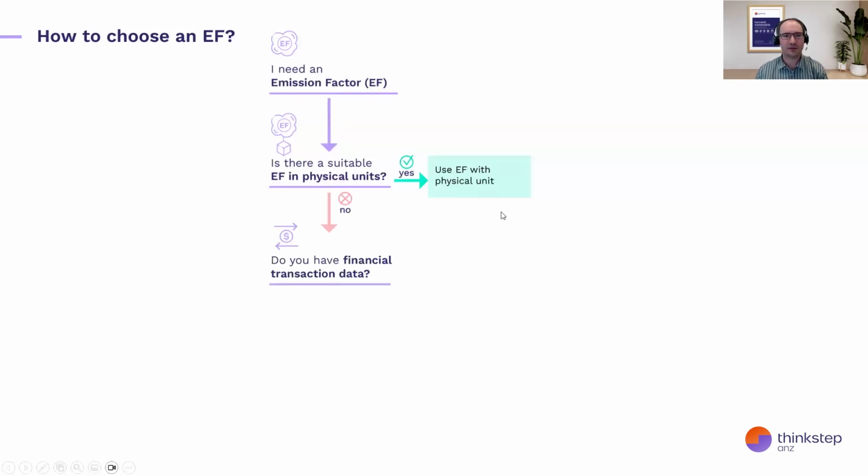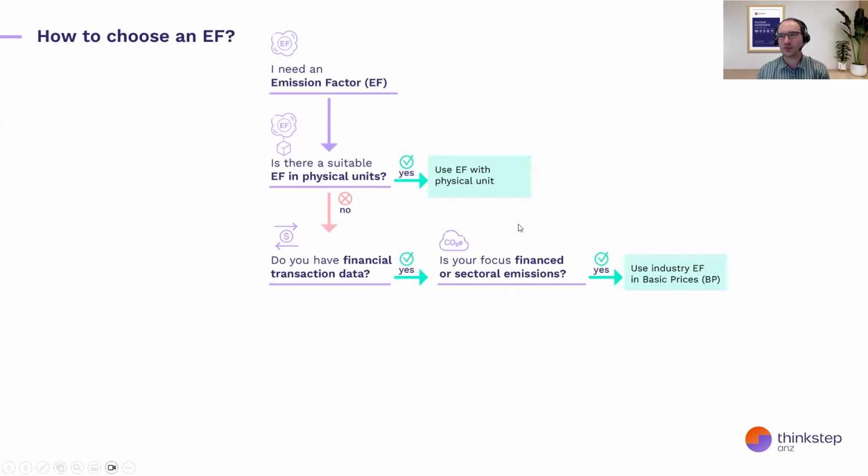If you don't have that, but you do have financial data, what do you do then? If your focus is on financed or sectoral emissions, that's where the industry emission factors and basic prices make heaps of sense, because you're interested in a company who are in an industry. If your focus is on purchases in your supply chain, the question you need to ask yourself is, are you buying direct, without retail or wholesale, directly from the supplier without all those extra steps?